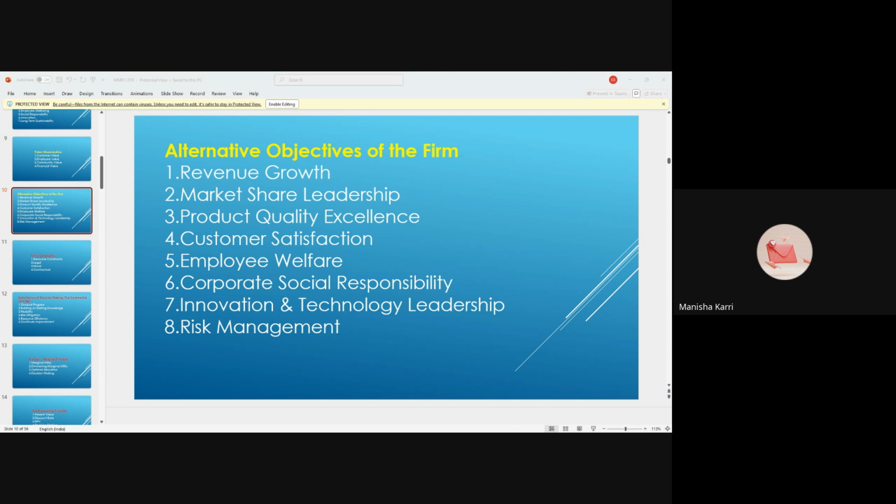Next objective is product quality excellence. The firm may focus on delivering high-quality products within its industry. This can lead to customer loyalty, positive brand perceptions, and also competitive advantage. That is product quality excellence, providing better and perfect quality to the customers.